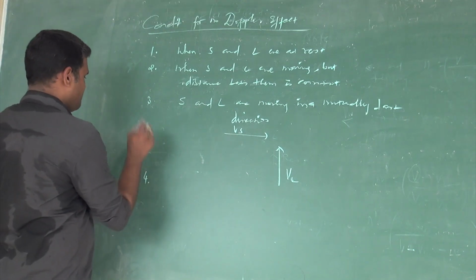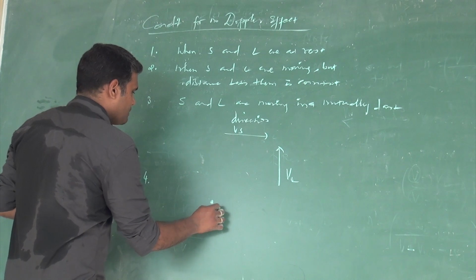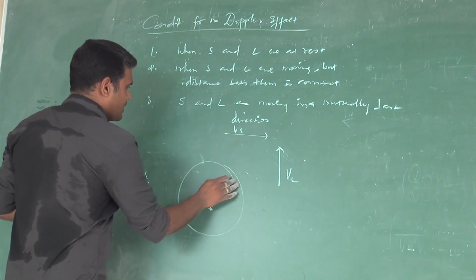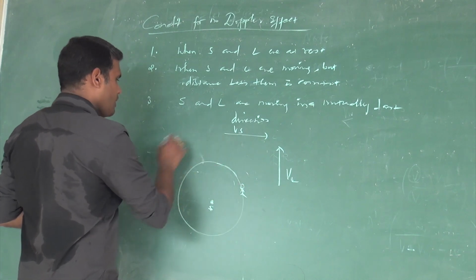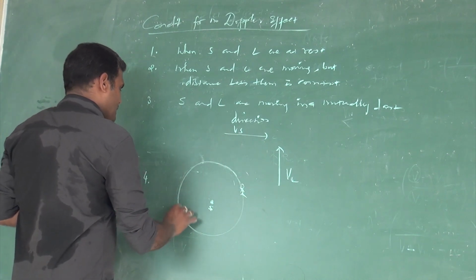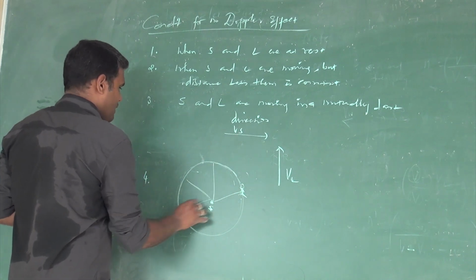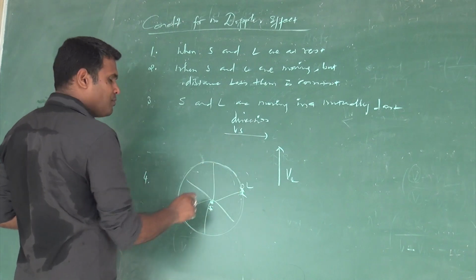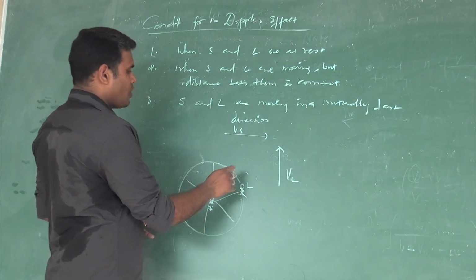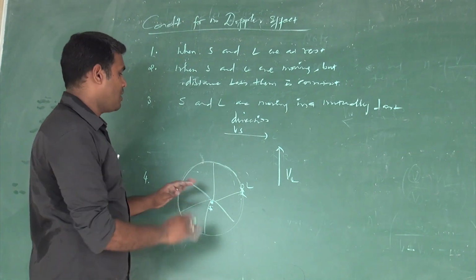And finally, if the source is at the center of the circle, and the listener is moving over the circle, then he is at the same distance from the source in all positions. So the listener will hear the same sound as produced by the source. So apparent frequency and actual frequency of the sounding source are the same.